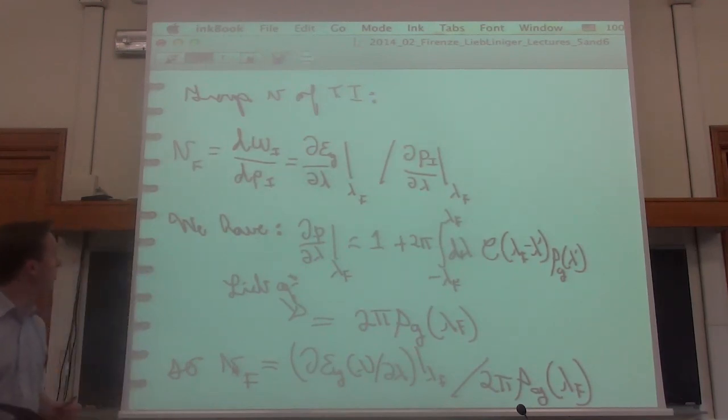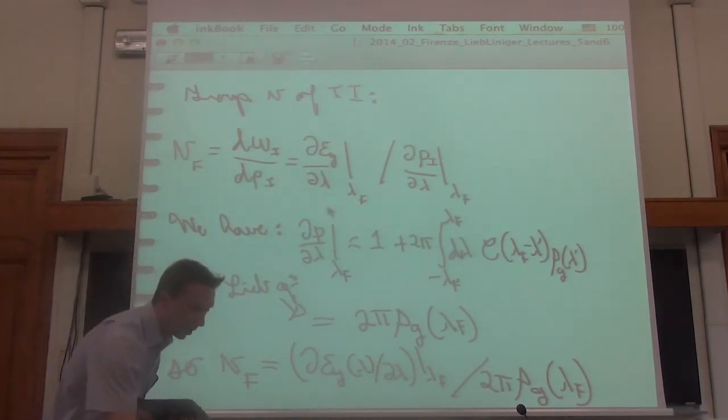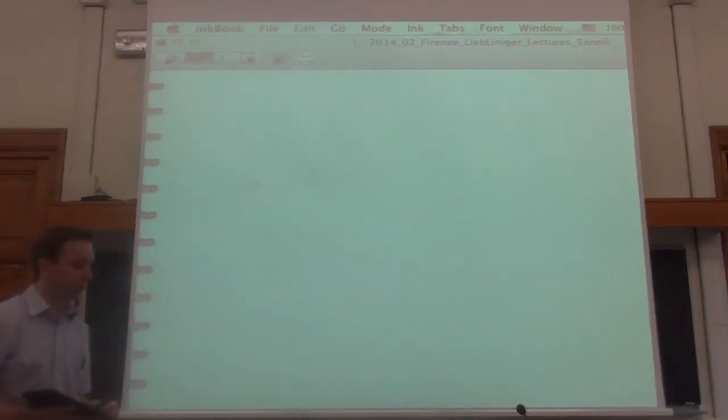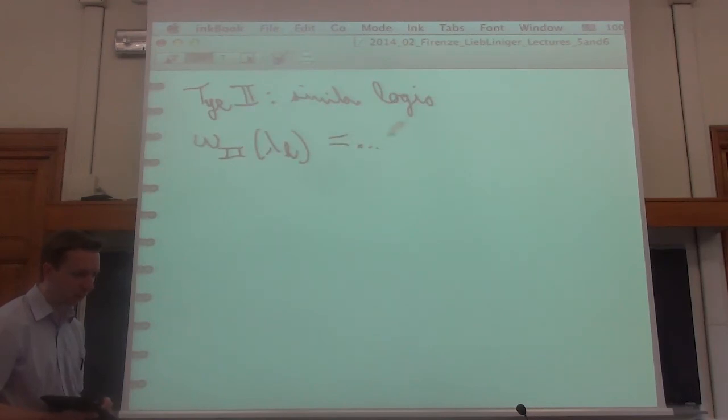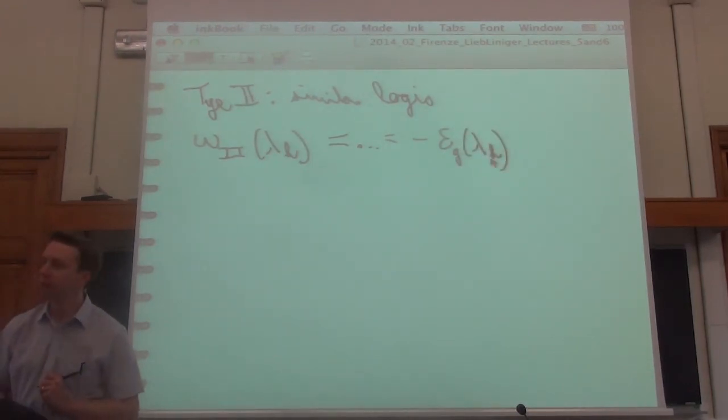Now, there are just some little comments that I can make. So type 2, similar logic. The energy of a type 2 mode at lambda hole is equal to minus epsilon ground state of lambda hole.